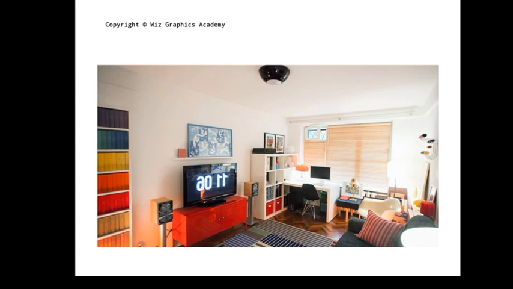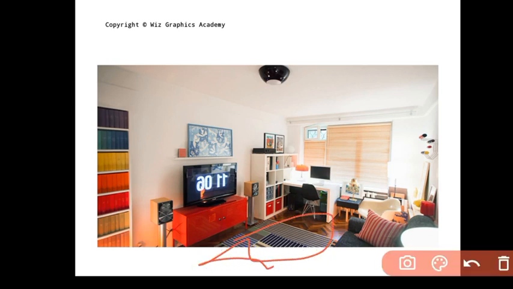The space where we have the TV, the cupboard, the speaker, the chairs, the computer and so on and so forth, those are called positive space, because those are the visual elements there. While the space that is empty, just like the one that we have here on this floor, is called the negative space.